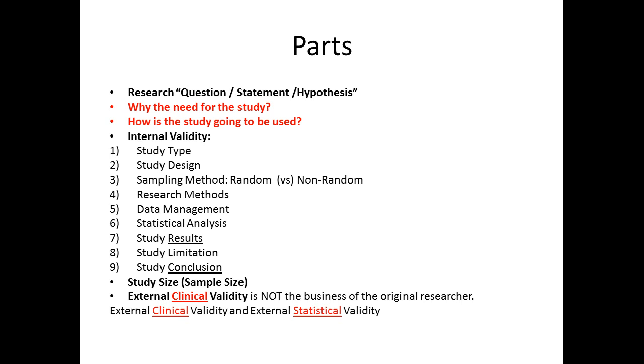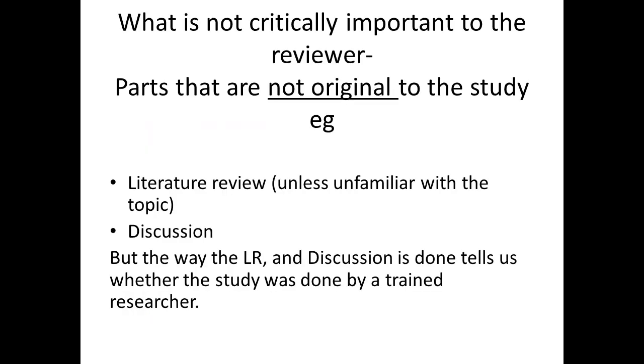The fourth part is the biggest part, which is with regard to the internal validity of the study. The fifth part is with regard to sample size or study size. And the sixth part just clarifies on this concept of external validity.